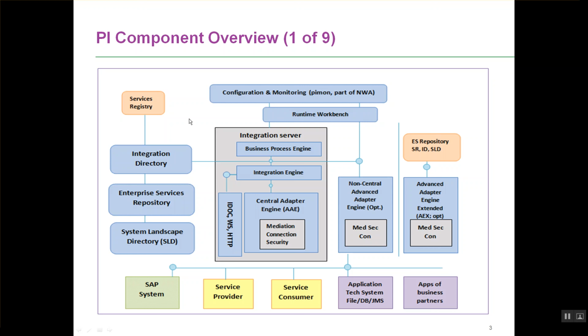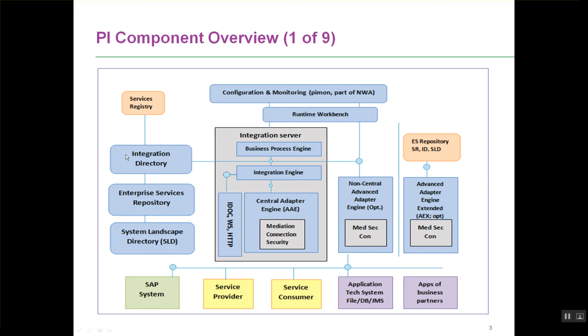But just to summarize, before we go on to these two parts, because that's been a lot of data: your system landscape directory is equivalent to the white pages or the telephone directory, where all the systems in your landscape register on the SLD. The enterprise service repository is the design time of PI, the component where you do your design time work.